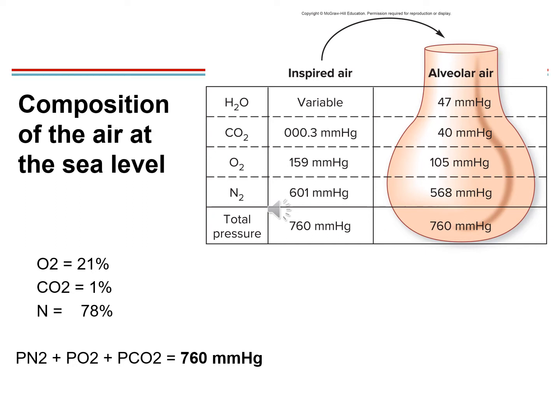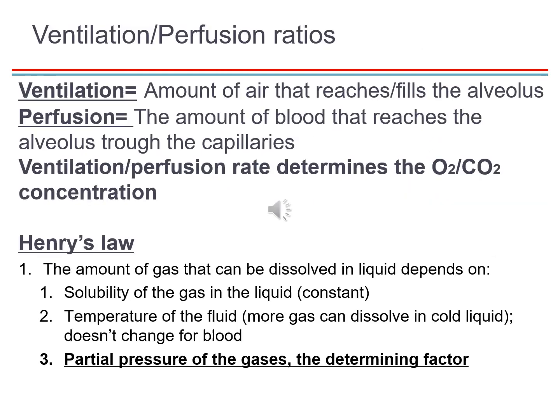But if we go to other tropical areas, like Florida, the humidity increases tremendously. But yes, 760 millimeters of mercury is composed of 78% nitrogen, 21% oxygen, and 1% carbon dioxide, roughly.